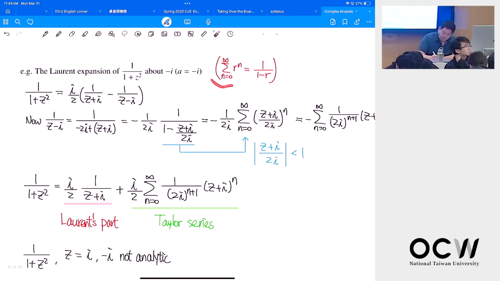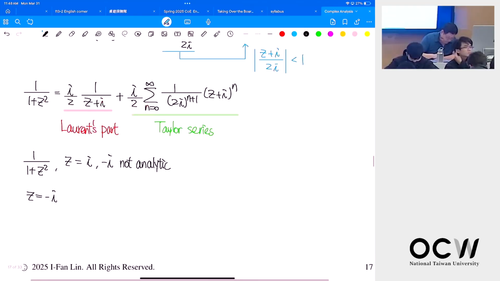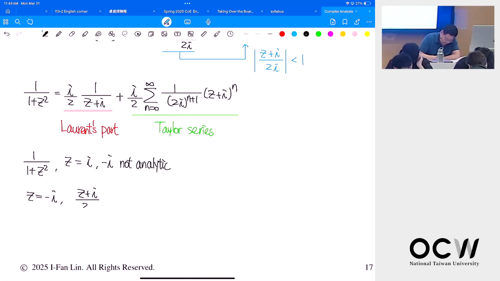Because for this formula, once r is less than 1, the summation will be 1 over 1 minus r. So z plus I divided by 2I, this ratio should be less than 1.